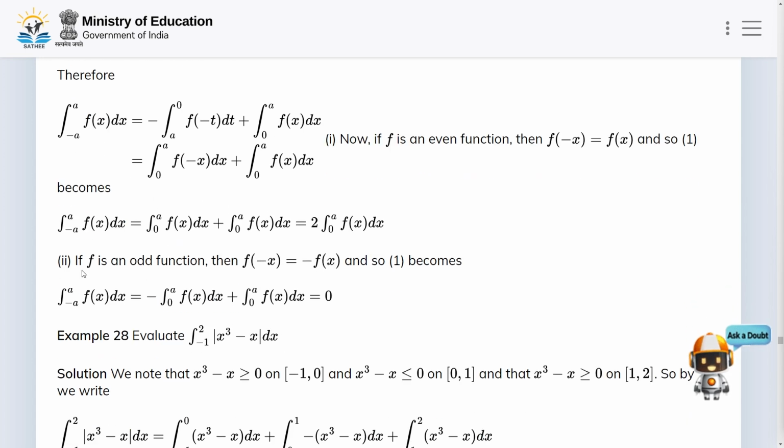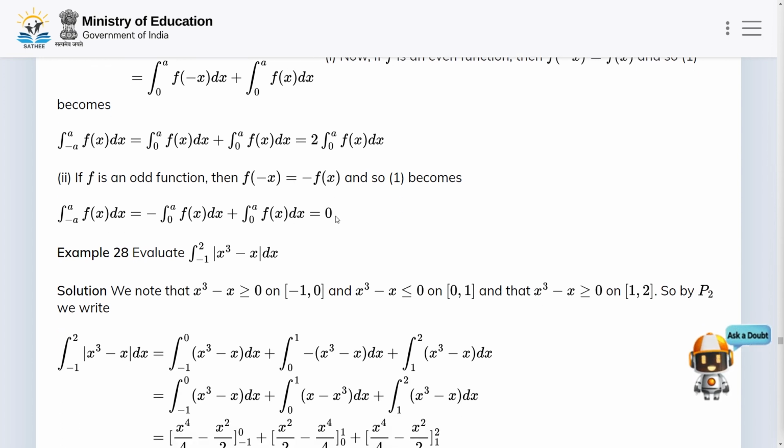Now for the second, if f of minus x is equal to minus f(x), then you have minus the definite integral from 0 to a of f(x) dx plus the definite integral from 0 to a of f(x) dx. Both terms cancel, and you are left with 0. So your final answer for the second part will be 0. Okay, I hope you got the proof, how we did the proof.